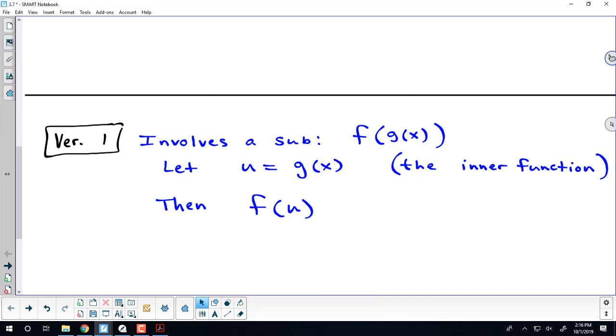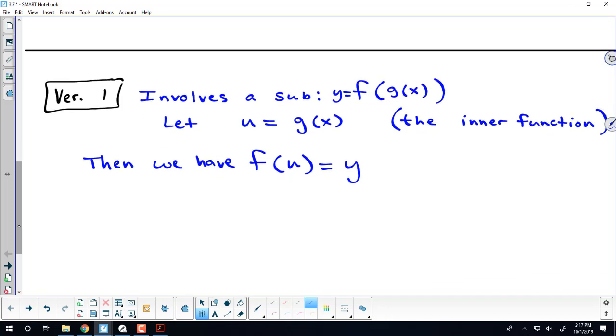We have f of u, and we also have u equals g of x. So u is g of x, u is a function of x, and f of u, y, is a function of u. So we'll just label it that way.